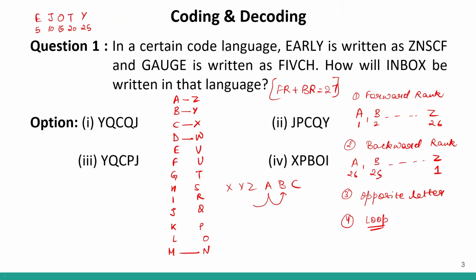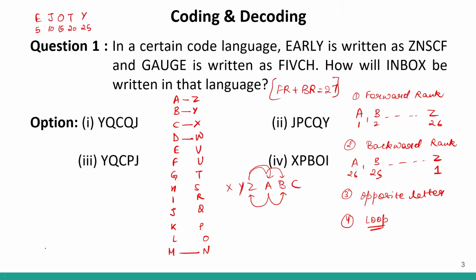So we move back again from Z. That means after Z, if I have to move one position forward, since there is no letter after Z, I will start back again from A. Similarly, if I have to move two positions forward, I will get B. So basically, the alphabets are in a loop. So this is the concept of looping. Based on all these concepts, we solve questions on coding and decoding.